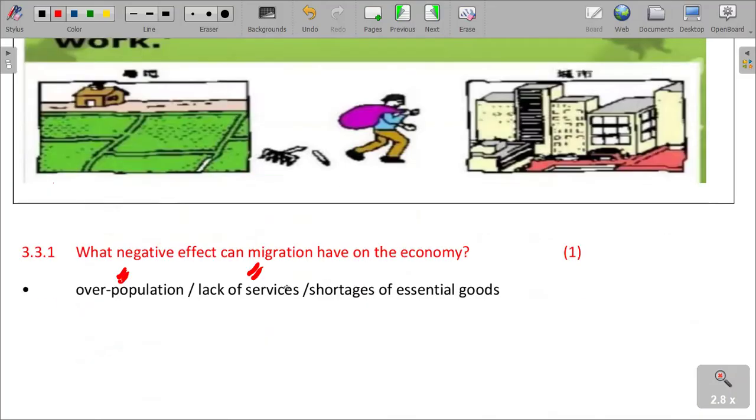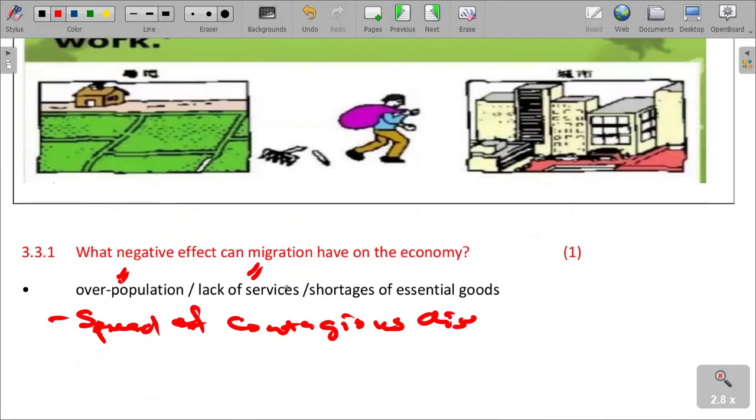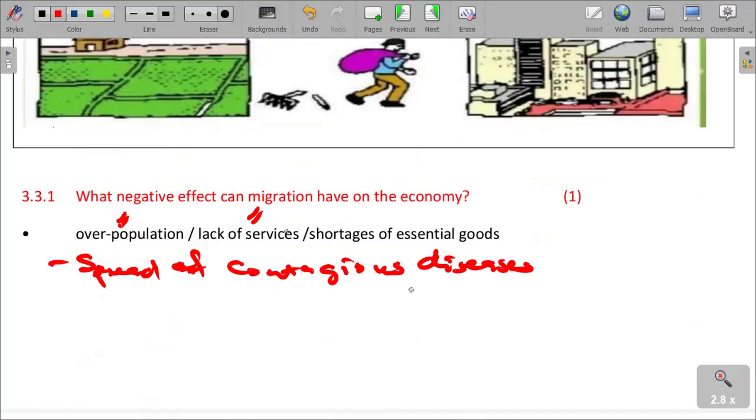It can also lead to the spread of contagious diseases. For example, we have the COVID-19 that we've been talking about, which had a rampant spread.